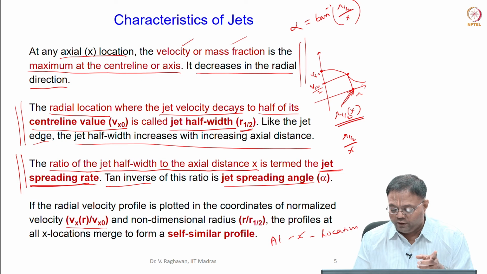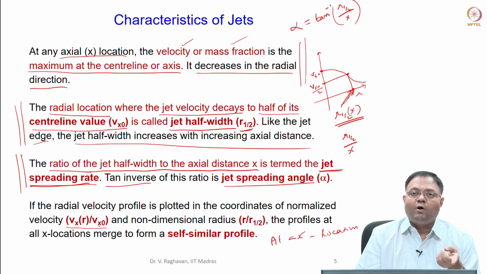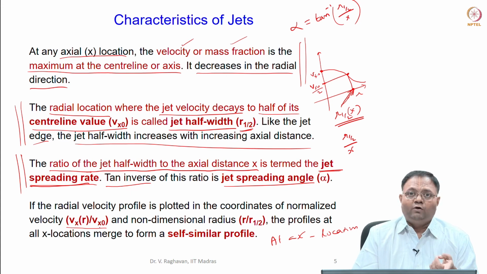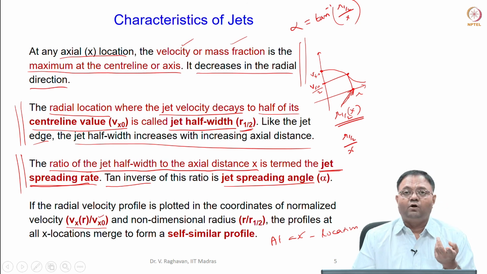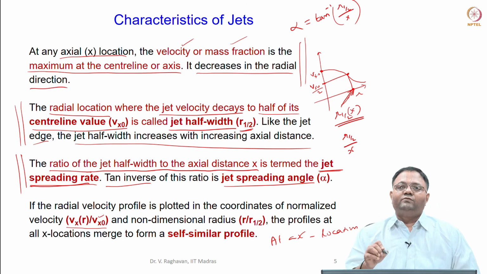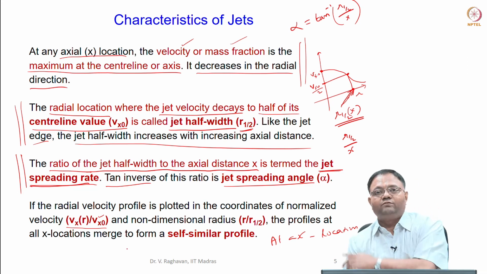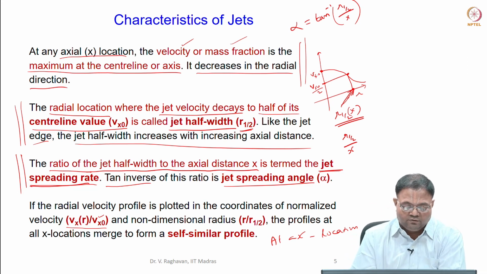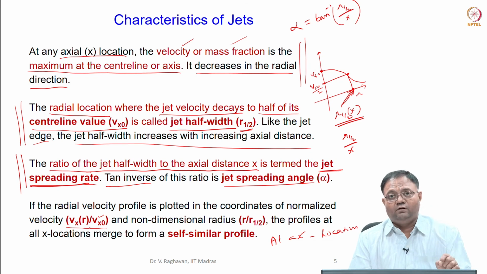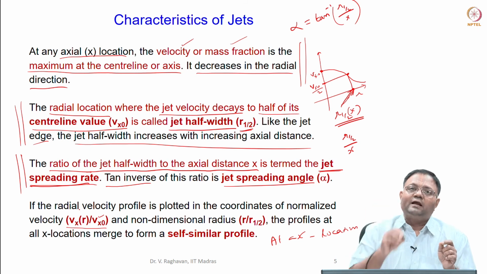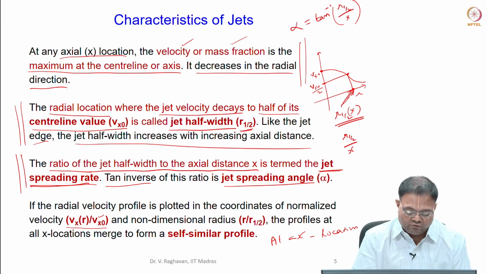At a given x location, I know what is the maximum value of the axial velocity, which will occur at the center line. So that is known to me, Vx naught. That is taken for normalizing this, and now I try to plot the axial velocity along the radius. So I normalize this at every x location, the axial velocity with the center line value at that x location, Vx naught.